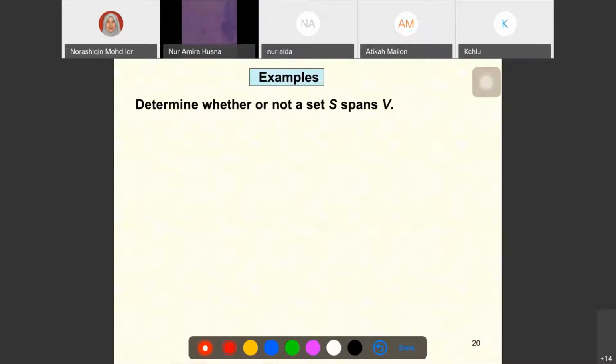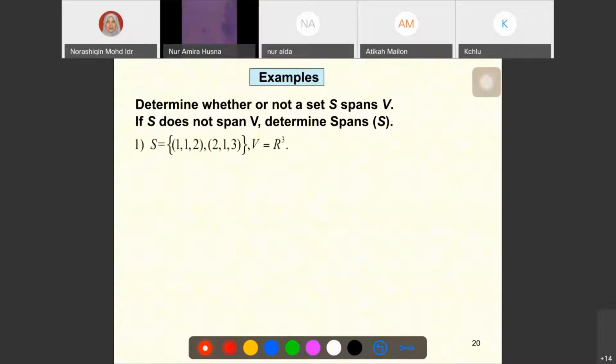Determine whether or not the set S spans V. If S does not span V, determine the span of S. Let's see this one. S is a set that contains (1, 1, 2) and (2, 1, 3), and V is R cubed.